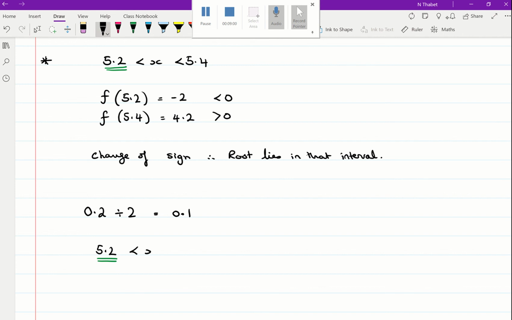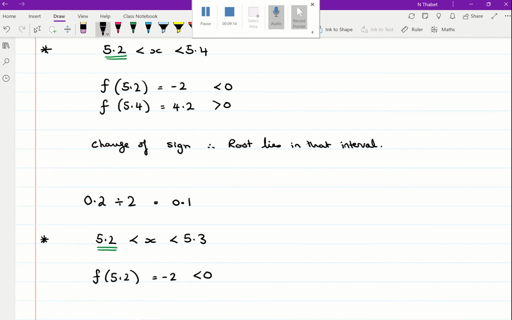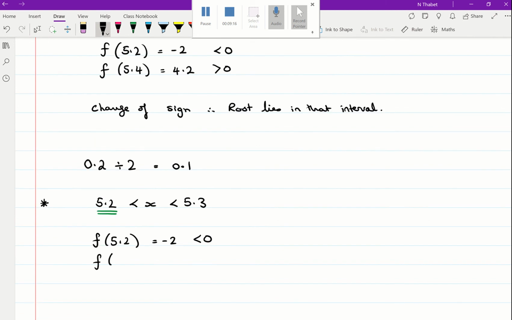and I'm going to go 5.3, and I'm going to substitute it in. So 5.2 I know already is negative 2, and I need to substitute 5.3 into the equation.